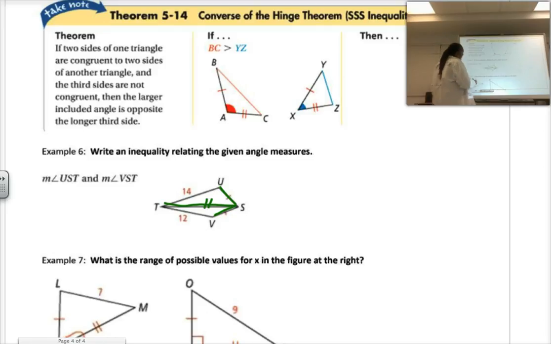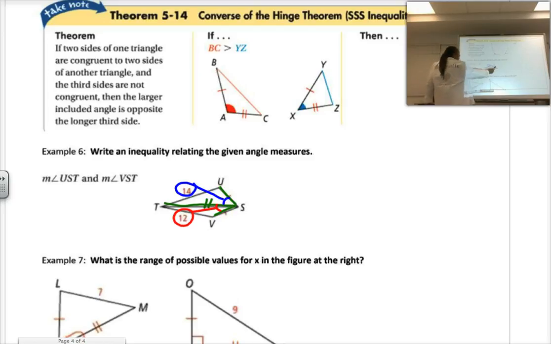So now our included angle up here is this small little piece here, and the included angle on the other triangle is this one here. So I'm going to look opposite this red angle, and I see that I have a measure of 12. Opposite my blue angle here, I have a measure of 14.